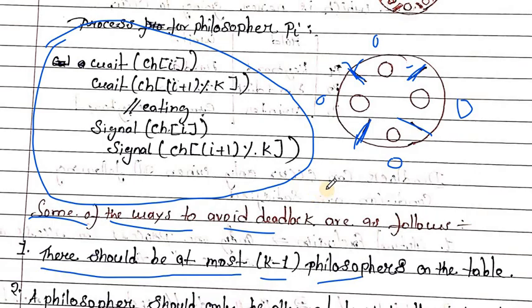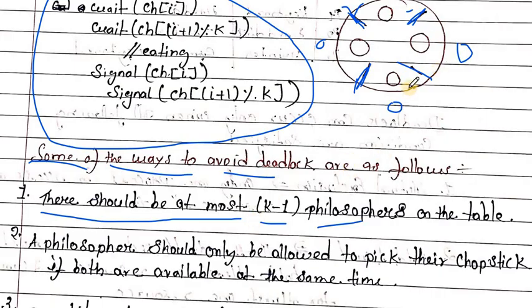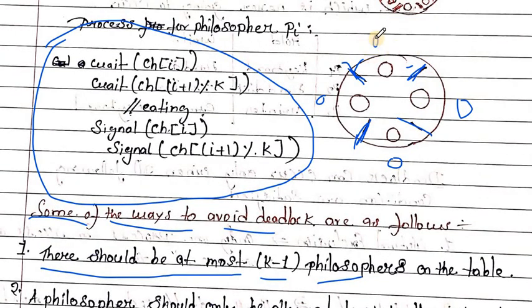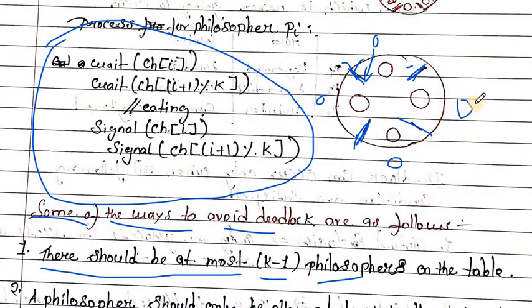So the condition to avoid deadlock is that the philosopher can pick the chopsticks only if both are available. Here in the first case, both chopsticks are available, so this philosopher will pick them.